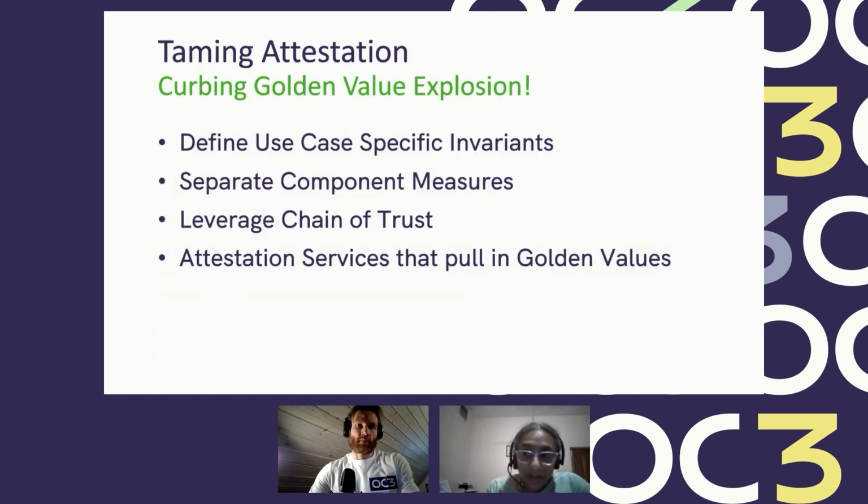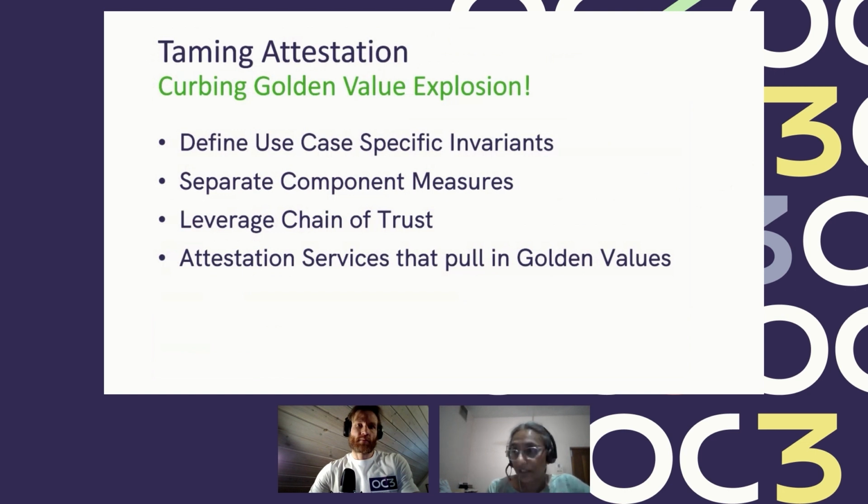So, as Mikko had mentioned, the promise is build once, run anywhere, and all these challenges that we just mentioned hamper such cloud native promises. So, how can we tame attestation? How can we curb this golden value explosion? One, we could use case-related invariants, only measuring the invariants pretty much.